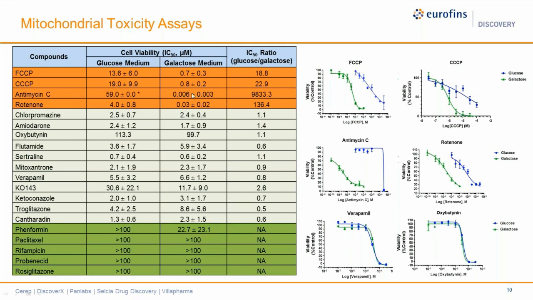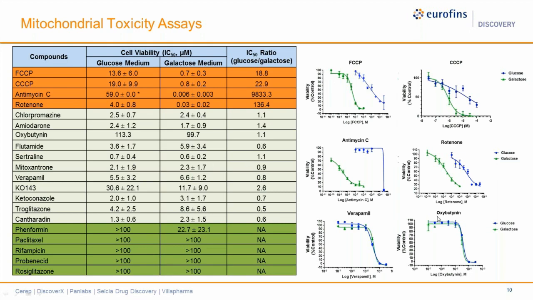The other compounds do not have mitochondrial toxicity but cause cell death, which are highlighted in gray, and 5 compounds that are not cytotoxic in this assay are highlighted in green. The assay can correctly distinguish the mitochondrial toxins from non-mitochondrial toxins by using the assay-50 ratio between glucose and galactose, which is presented in the last column of the table right here.